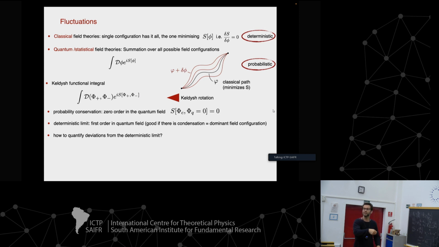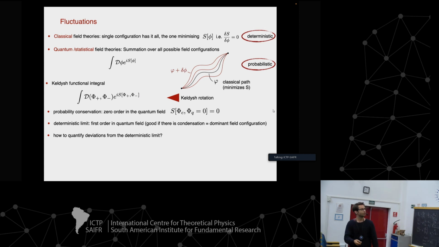That approximation was valid in the presence of a condensation phenomenon, a spontaneous symmetry breaking scenario, where the intuition is that there is one very dominant field configuration, a winner takes it all, where all the particles gather in a single bosonic mode. That rationalizes why in this circumstance we get essentially a deterministic approximation to this entire Keldysh functional integral. And now in the first part of today, we would like to quantify the deviations.